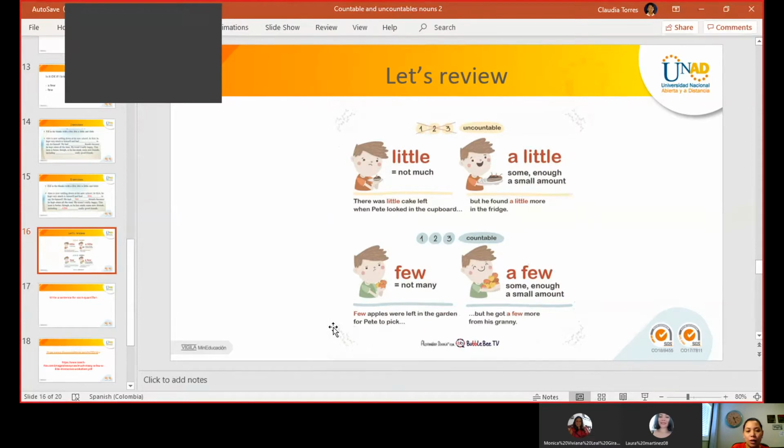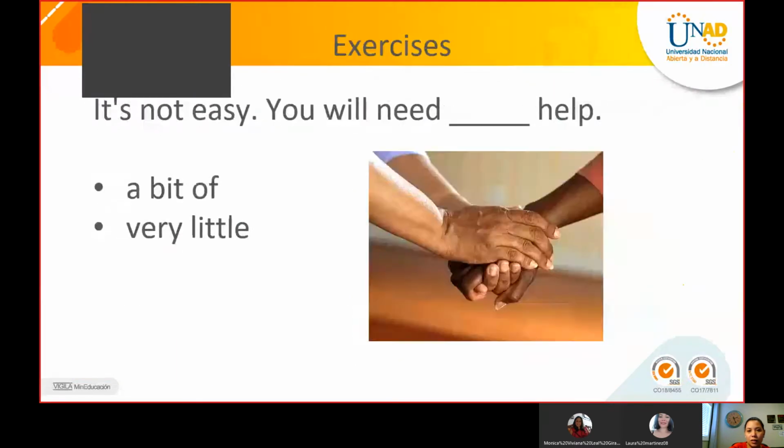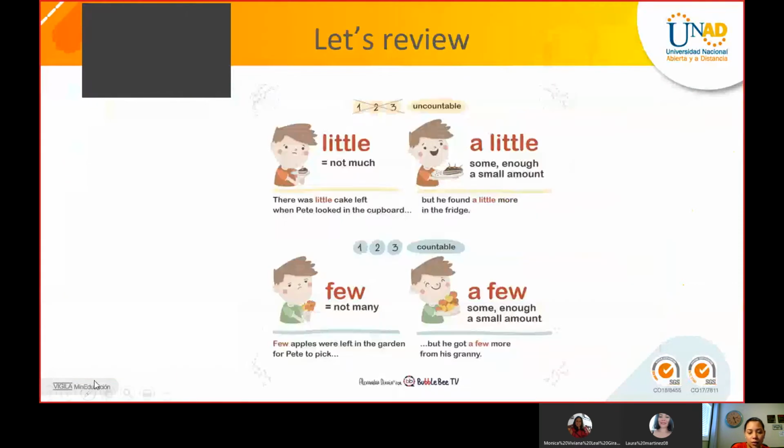So if we read the sentences, few apples were left in the garden for Pete to pick. So, few apples. He said, not many.